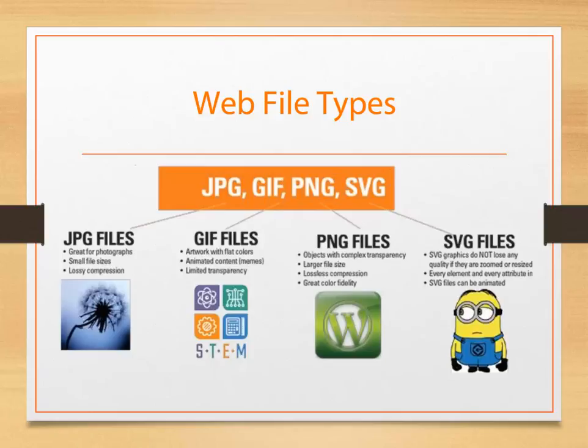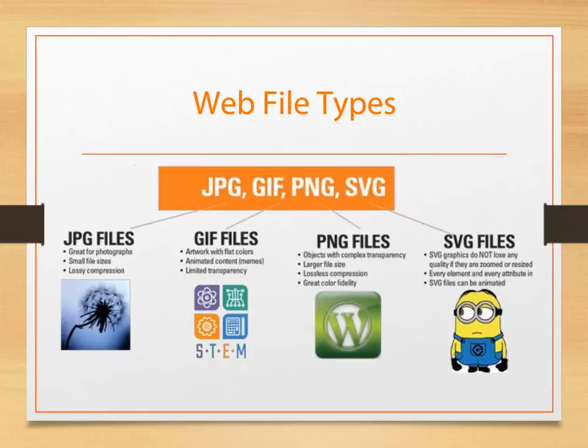They also produce a little bit larger file size, but that's probably because they contain lossless compression. And they are also really great for color fidelity. In fact, there are some websites, like Facebook for instance, that actually recommend uploading your photos to their service in PNG format because it contains better color quality.